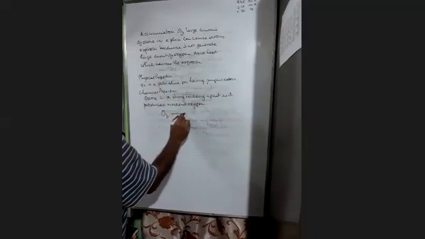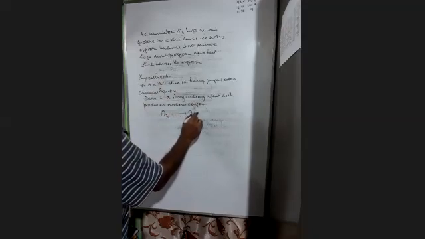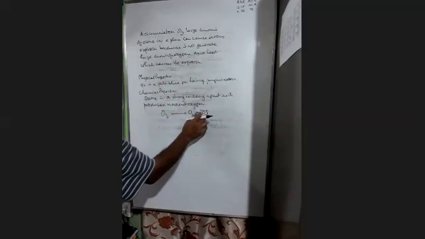Nascent oxygen means atomic oxygen. What does it give? O2, and so this is the one which oxidizes.